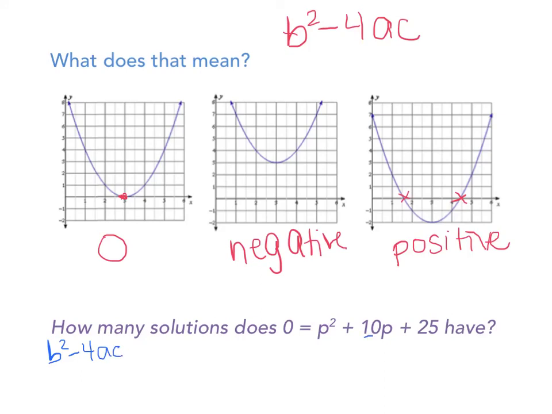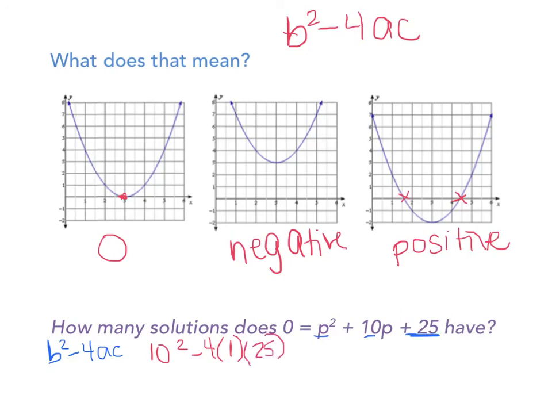And I'm going to plug in my b value, my a value, and my c value. So my b value is 10. So I have 10 squared minus 4. It's always in the formula. There's an invisible 1 in front of p, so a is 1, and then 25 is my c value.